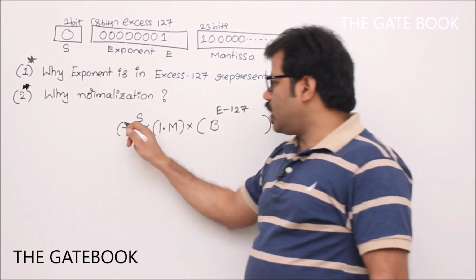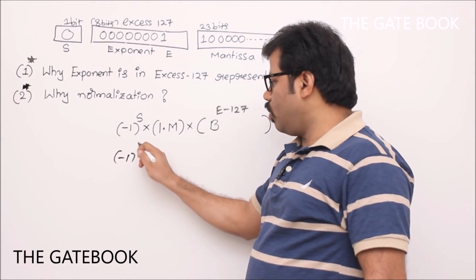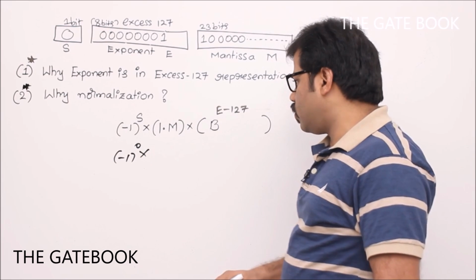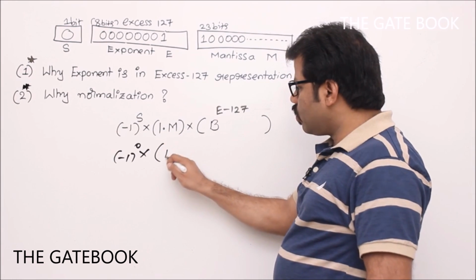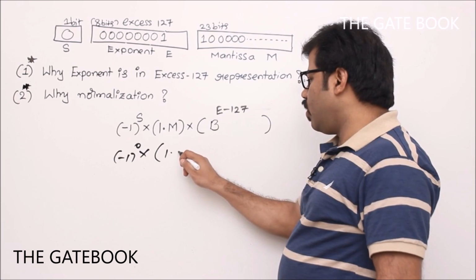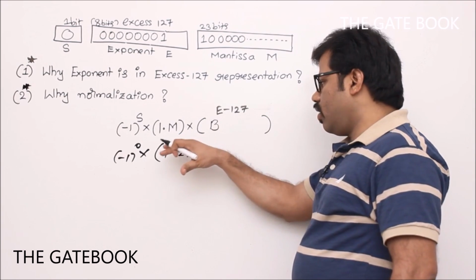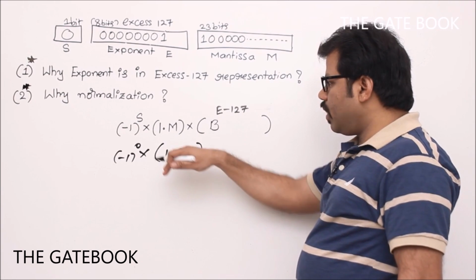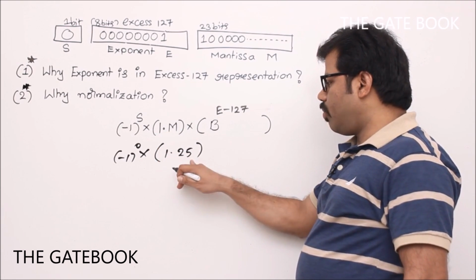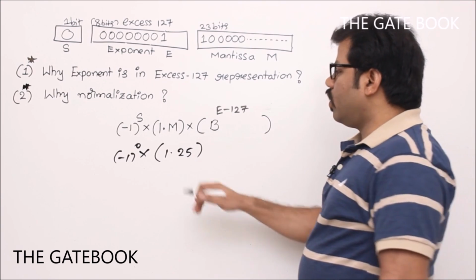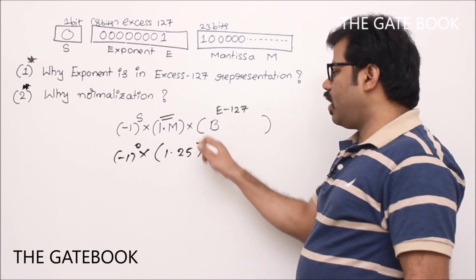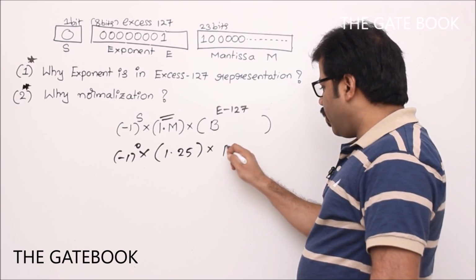Recall, here minus 1 whole power 0. Assume that let's say we are representing a positive number. Then here 1.m is going to at most give something like 1.25 or 1.5, right? So definitely the number will be between 1 to 2. So in this pattern we will be getting some number like this into base power exponent, right?